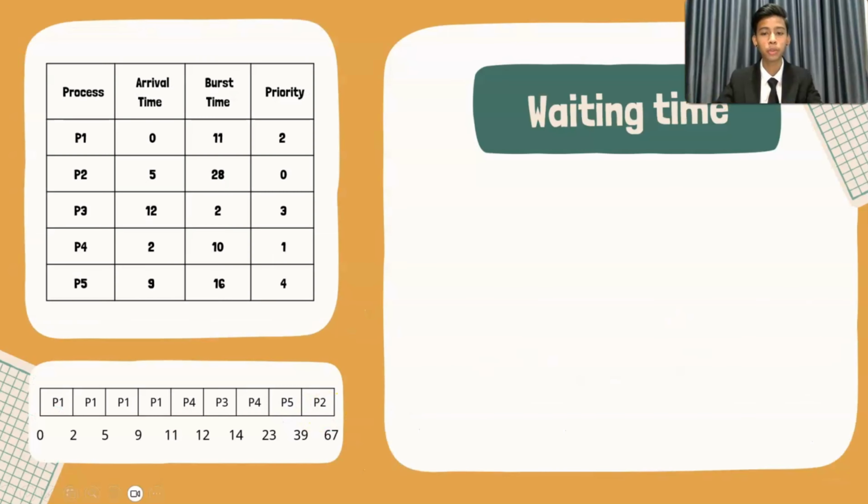Continuing on, the next part we have to find is the waiting time for each process. We start off with process 1. The earliest start time is 0, so we subtract the arrival time of P1, which is 0. Therefore, we get 0 milliseconds.